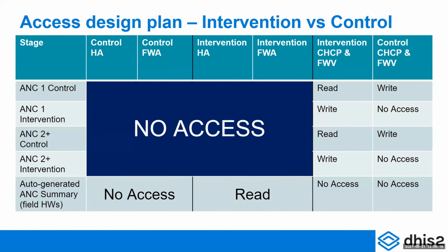So if you redesign this data access, if I put all the control community workers together, they didn't have access to any of the facility stages at all, because this is sensitive clinical information, right?